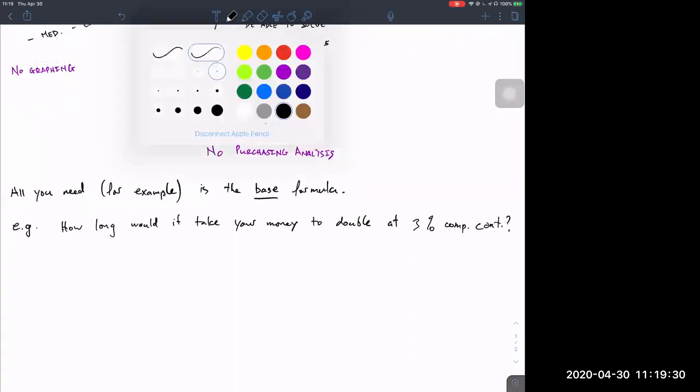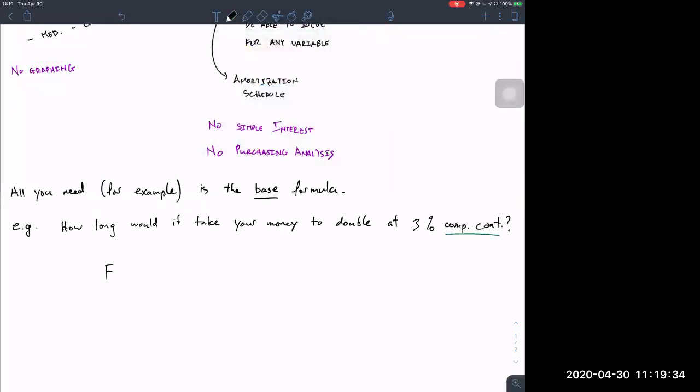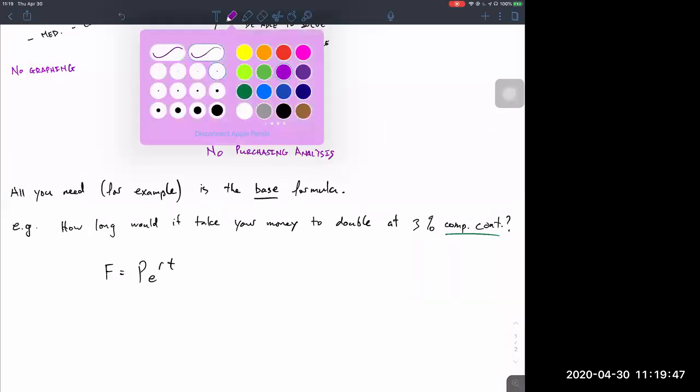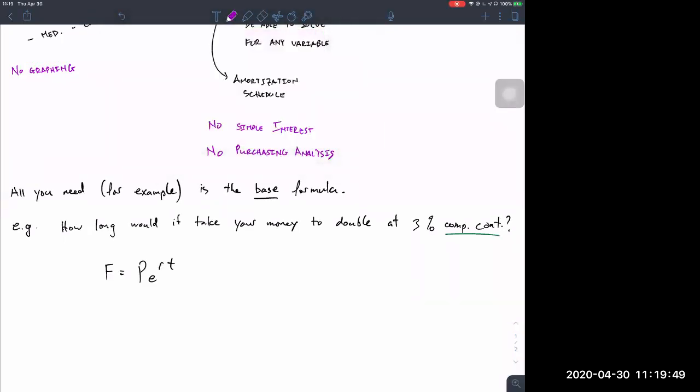But the moment that you realize it's compound continuously, you know that you're working with this formula. And since you know that your money is doubling, you can do something as simple as replacing the principal with 1. Twice of 1 is 2. And then e to the, what is that, 3%?